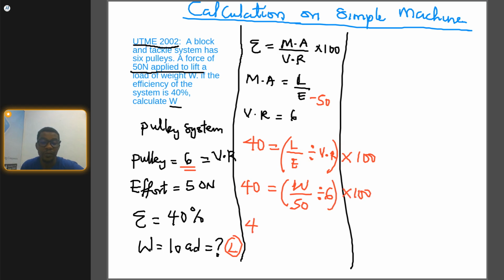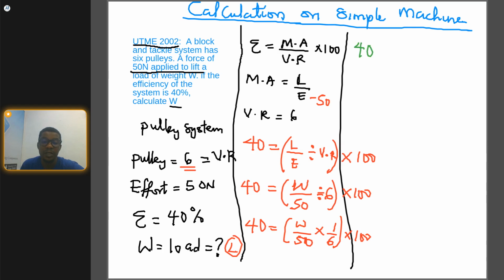So that is going to give us 40 equals to W over 50. Changing the division sign to multiplication, we have times 1 over 6, close the bracket, times 100%. We'll proceed to solve this.